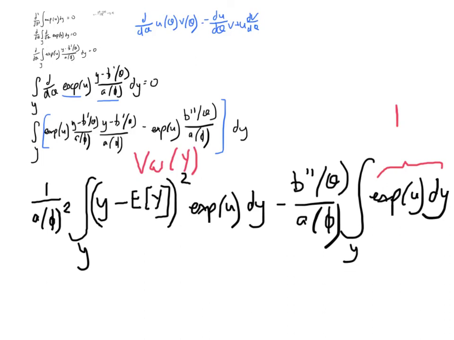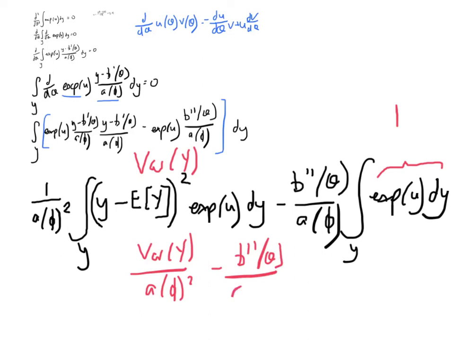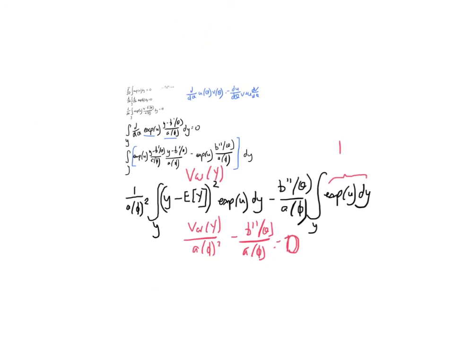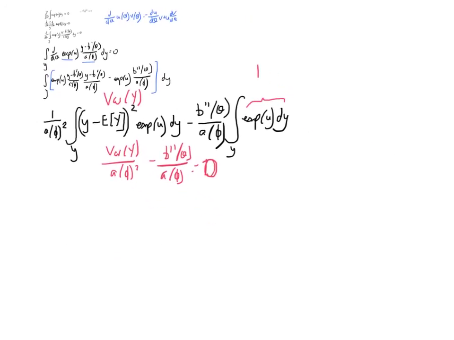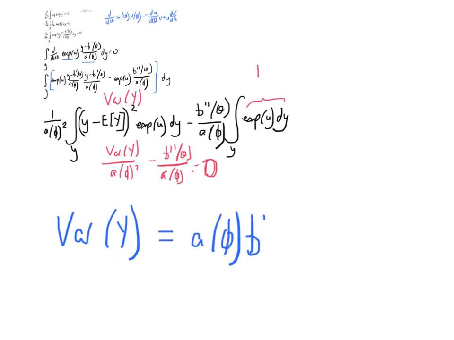So what I've found is that the variance of y over a of phi squared minus b double prime of theta over a of phi is equal to 0. And with some fairly simple reorganizing, we have shown that the variance of y is equal to a of phi multiplied by b double prime of theta.